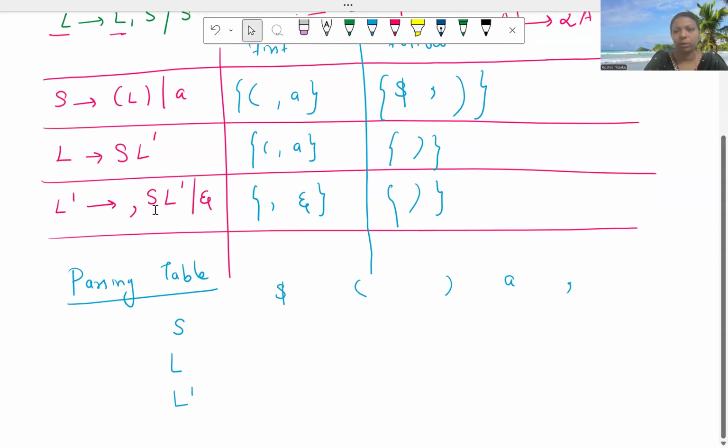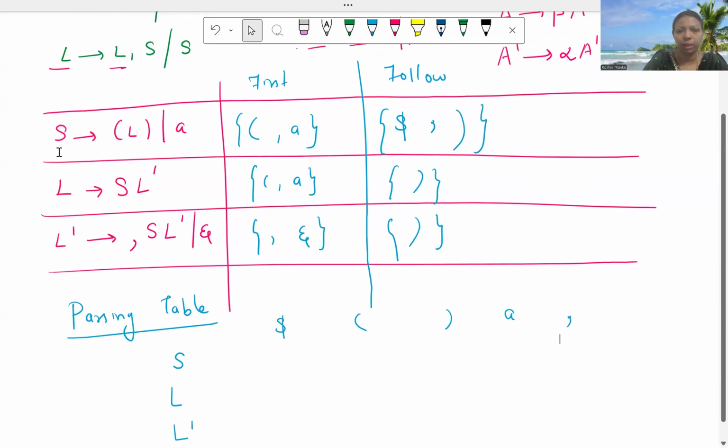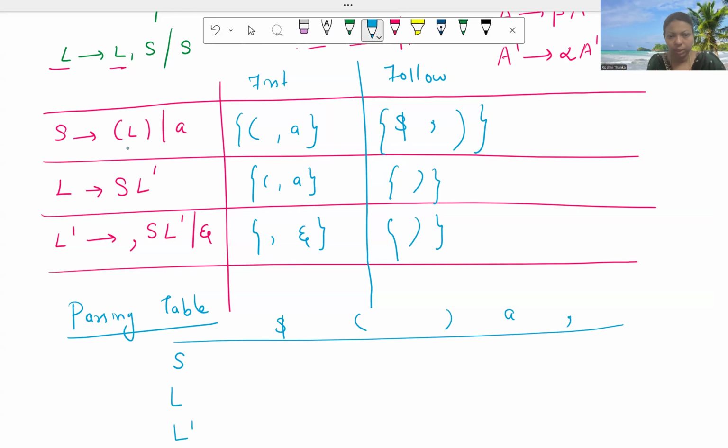Now we have to say where to write each production, so we have to see the first. Since we have two productions for S, where to place the first production? What is the first of S? That is open parenthesis. So let us draw the line so that it will be clear for us.